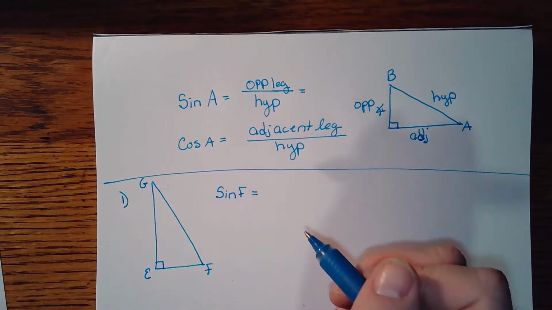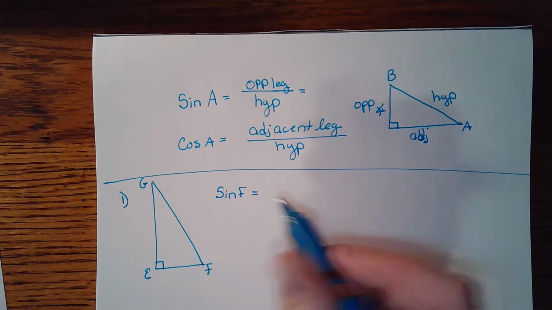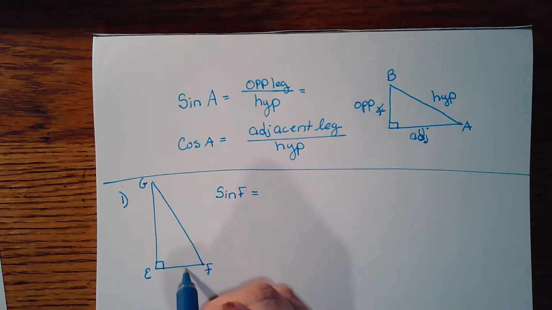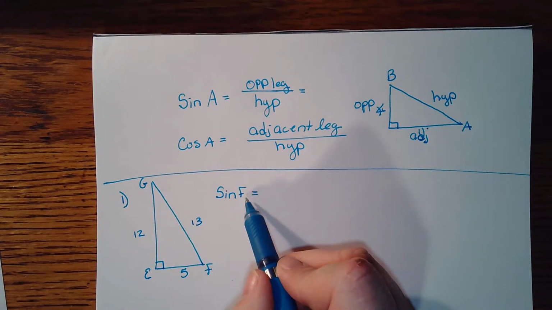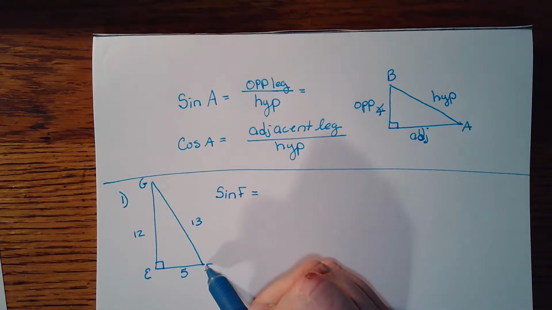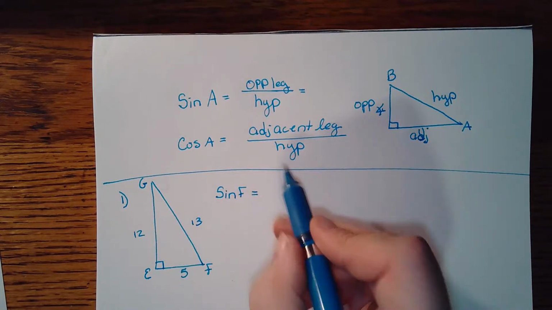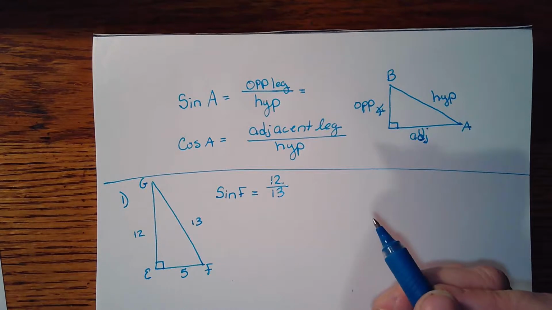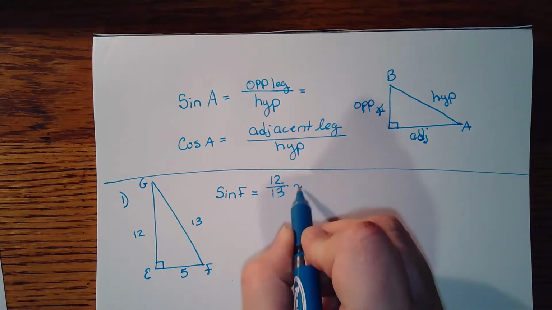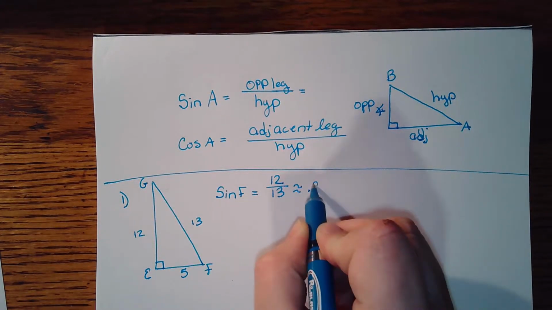Well, we have to find the F angle, and it gives us 5, 12, and 13. So if we have sine F, we do the opposite leg, which is going to be 12, over the hypotenuse. So this is going to be approximately 0.9231.